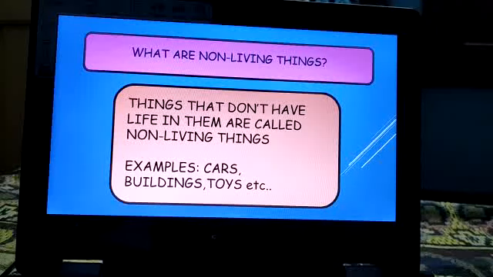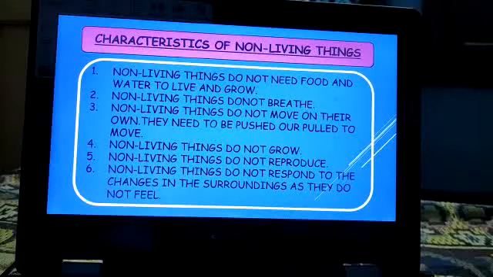So children, what are non-living things? Things that don't have life in them are called non-living things, just as things which have life in them are called living things. Today we will learn about their characteristics, that is, what characteristics show that things are non-living.